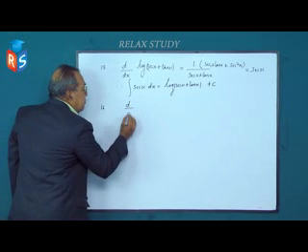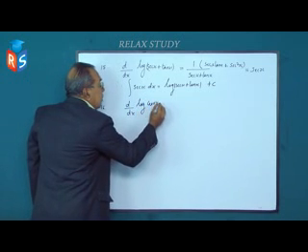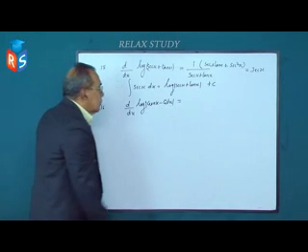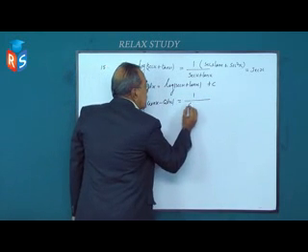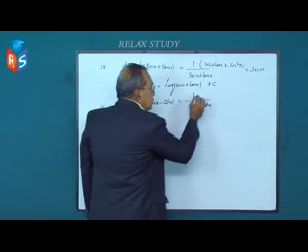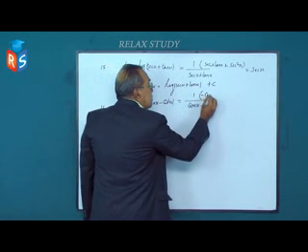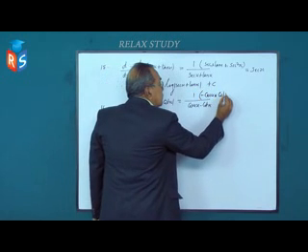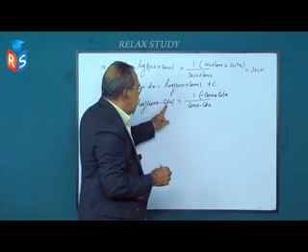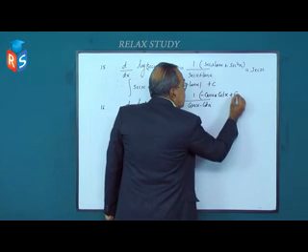d by dx of log cosec x minus cot x is equal to 1 by cosec x minus cot x into derivative of cosec x minus cot x. The derivative of cosec x is minus cosec x cot x, minus of the differential of cot x is equal to minus cosec squared x, minus of minus is plus cosec squared x.